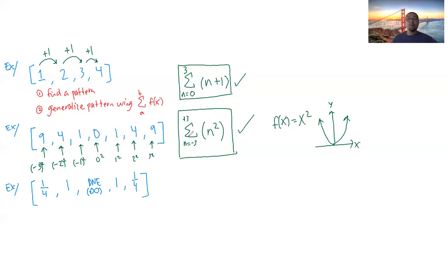Awesome. So it's getting a little hotter in the kitchen. So we went from adding 1 every time, then we went to squaring our value of n that changes over our interval. Now we have fractions, and in there we have a does not exist or infinity, or like a blown up function, right?